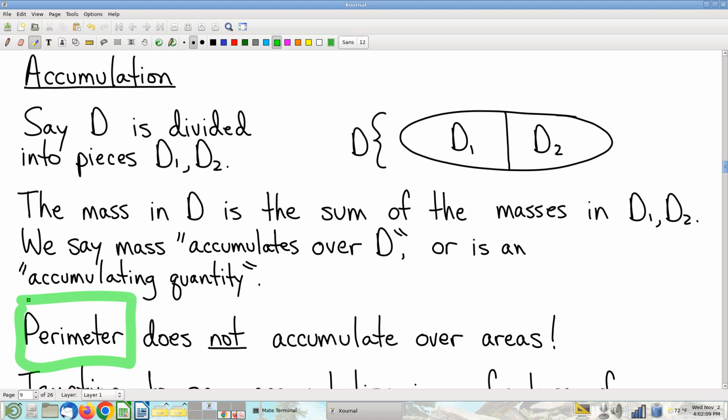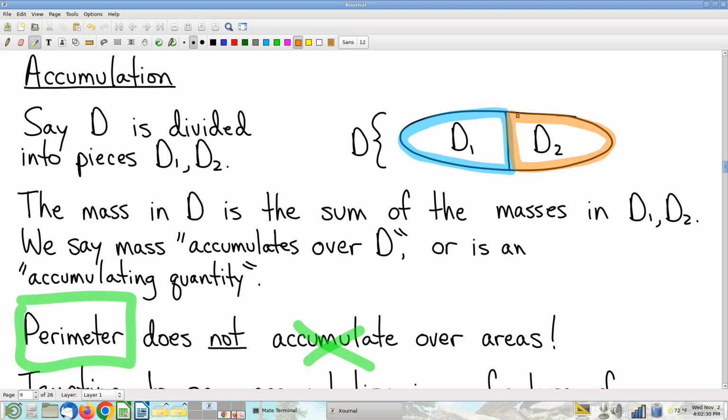Perimeter does not accumulate. Easy demonstration. The perimeter of this left piece is the length of that blue curve. There's the perimeter of the left, right? The perimeter of the right piece is the length of this orange curve.